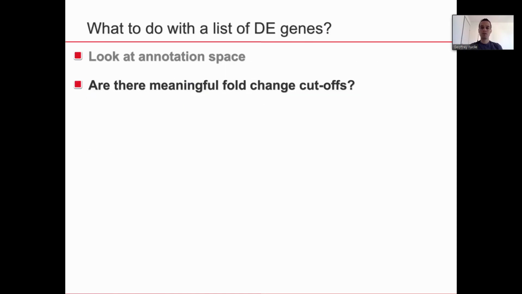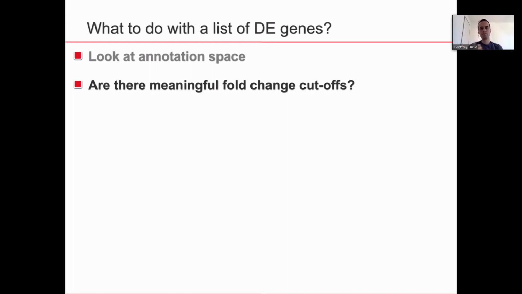What you might also be interested in then is, you have some range of fold changes, right? So maybe you have some genes that are 10-fold different in abundance, and maybe some genes that are 1.5-fold different in abundance. You can try to do some cutoffs and only look at things that are really strongly differentially expressed, so things that are maybe 2-fold and higher. That's a common approach.